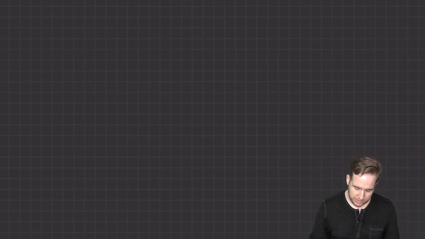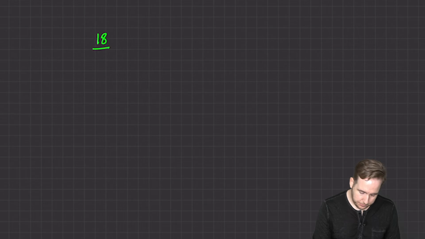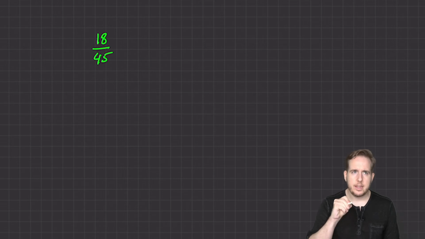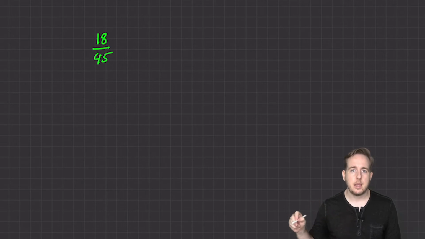So let's say, for example, that I want to do 18/45. Now, I can spot what I need to divide by fairly quickly if I know my times table. I know 18 is in there somewhere, I know 45 is in there somewhere, oh, they are both in the 9 times table.